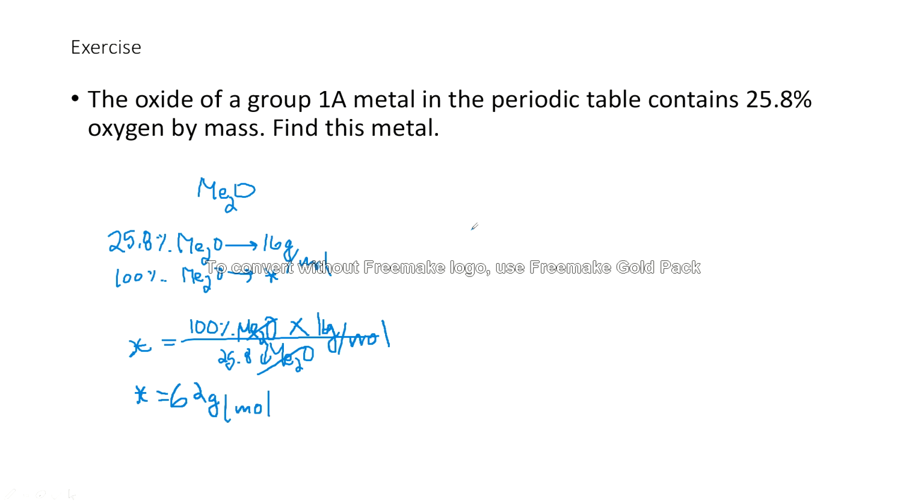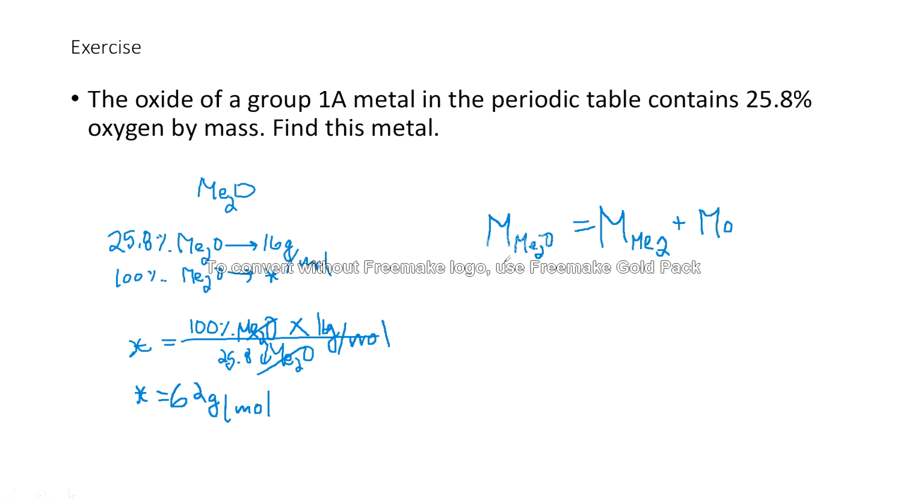Okay, so if we need to do the molar mass of the metal oxide, we know that the molar mass will be equal to the molar mass of the metal plus the molar mass of the oxygen.